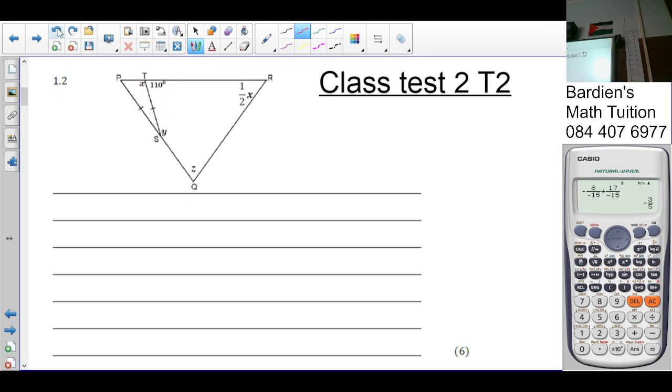Angles on a straight line. So x is equal to 110. Not 110, no, sorry, mistake. x plus 110 equals 180. So x is equal to 70. Not so?